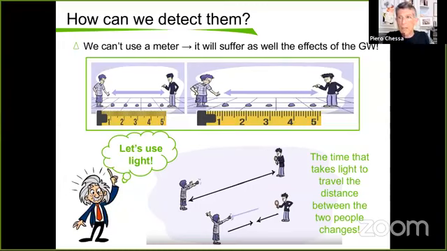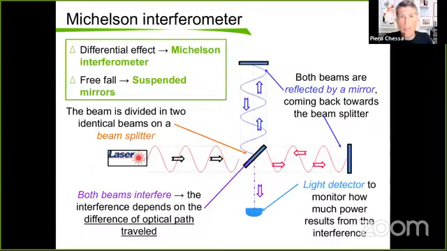So you can send a light wave to the end mirror, take it back, measure the travel time, and you have a measurement of the length between you and the mirror that reflected the light. And that's the working principle of the Michelson interferometer, which is the main frame of our detector.